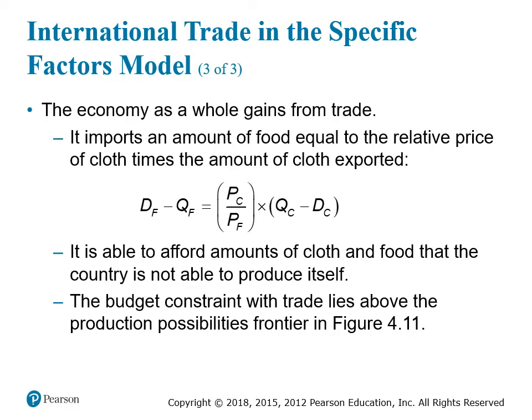Second, it is able to afford amounts of cloth and food that the country is not able to produce itself. So in the coming slide, I will show you this in the graph. Once a country engages in trade, the combination of goods that it consumes could be different from what it produces. And also the budget constraint with trade lies above the production possibility frontier, which we will see in the next slide.